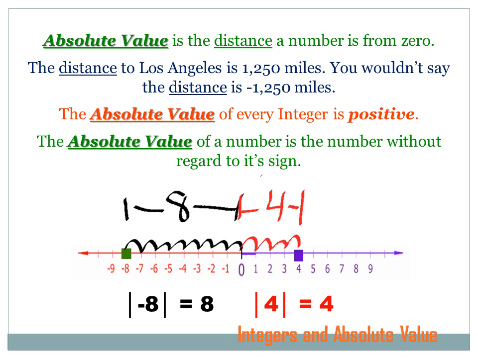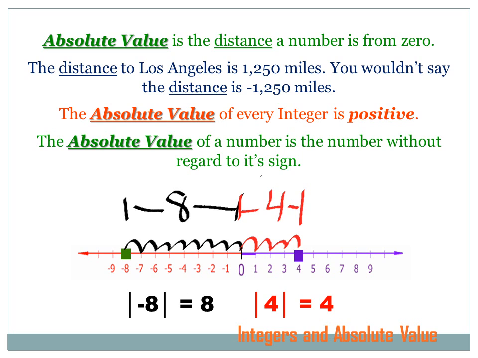Now, you probably saw on the left that there were two vertical lines around the -8. Those two vertical lines are the absolute value symbol, and when you see them, you'd read it as the absolute value of -8. And the absolute value of -8 is 8.